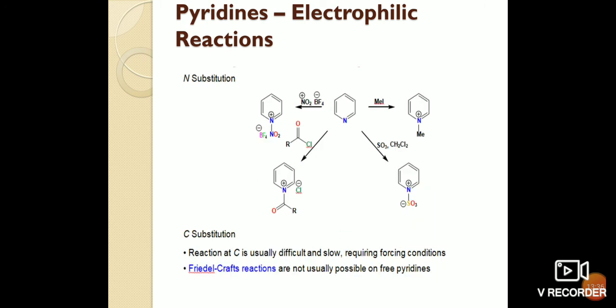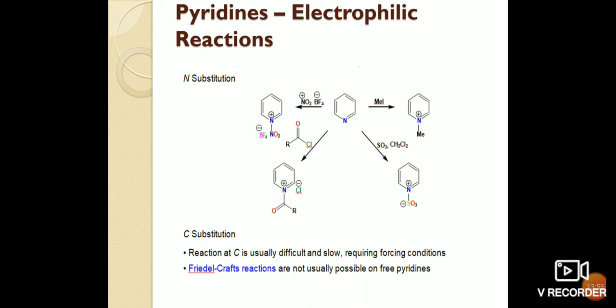So here are the electrophilic reactions which may take place in pyridine: N substitution and C substitution. If we look at the N substitution, it may get methylated, nitrated or brominated.